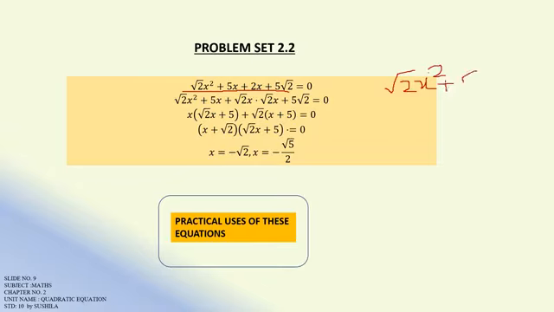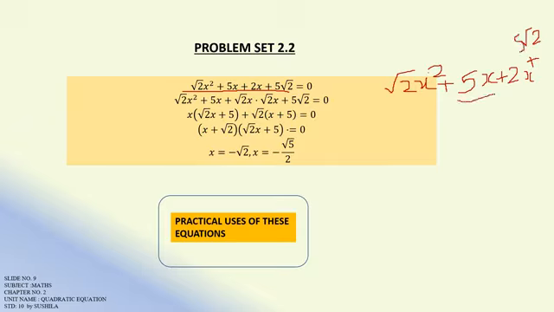root 2 x square plus 5x plus 2x plus 5 root 2.